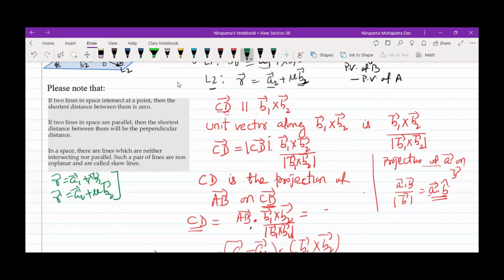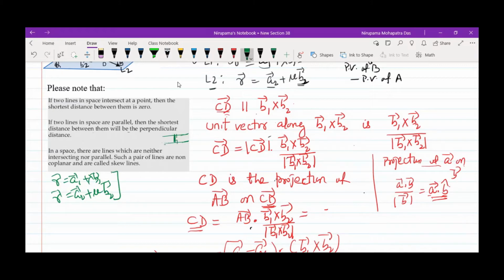If two lines in space are parallel, then the shortest distance between them will be the perpendicular distance. If the lines are like this, they may be in the same plane, that's why they are parallel or intersecting. Here you see, this is the distance between them.